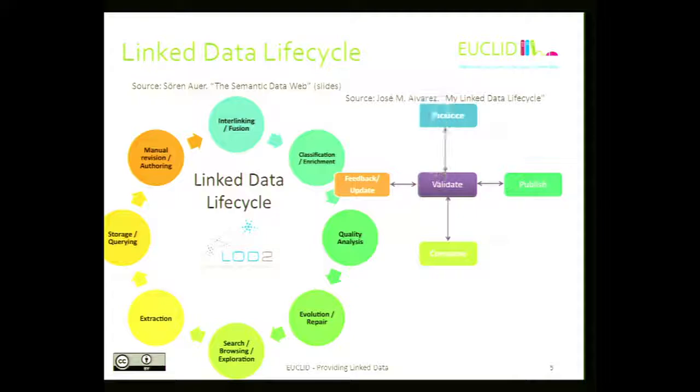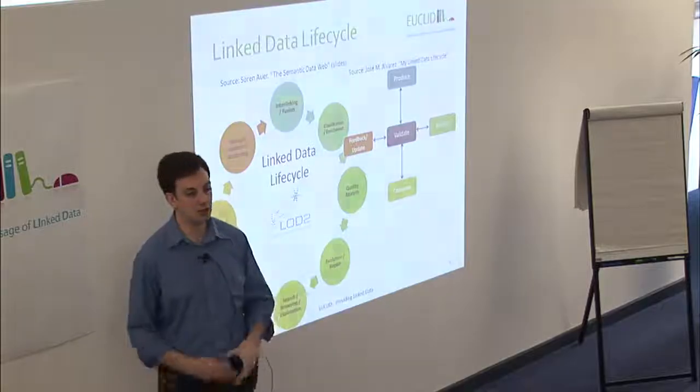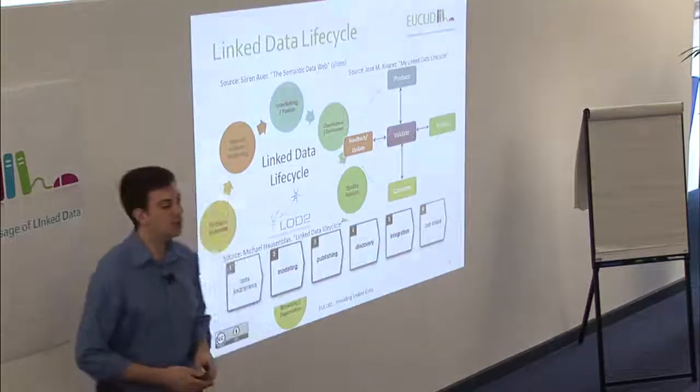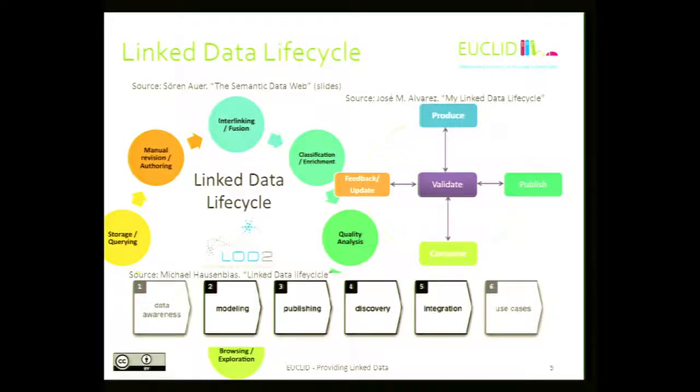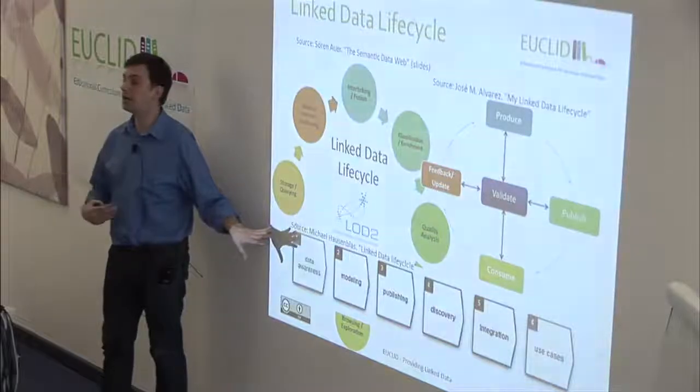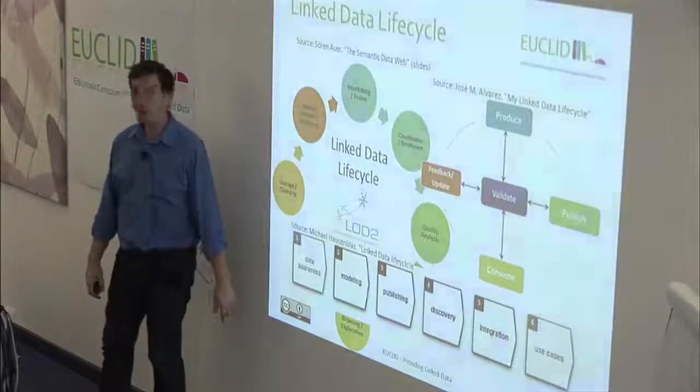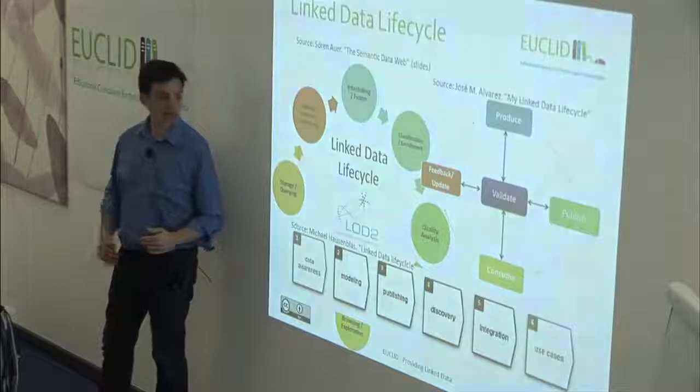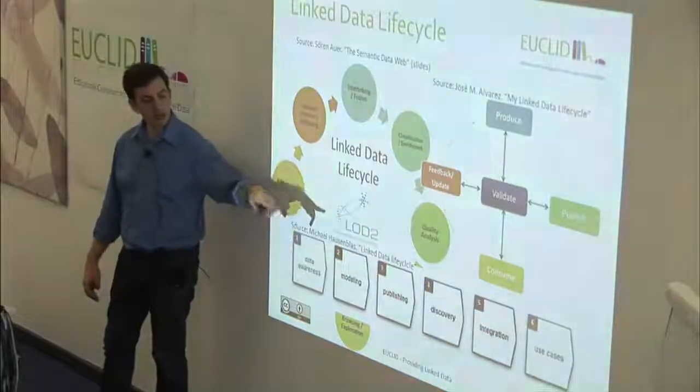Simpler view on life cycle provided down here. We produce, we publish, other people consume, and we integrate feedback and make updates, all of which centrally has some validation mechanism. Alternatively, more of a waterfall view, starting from awareness of data that's out there, something that we'll talk about, how you find data that already exists, through modeling, where we have to build new vocabulary, publishing.